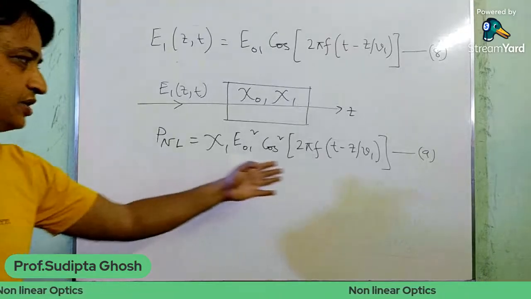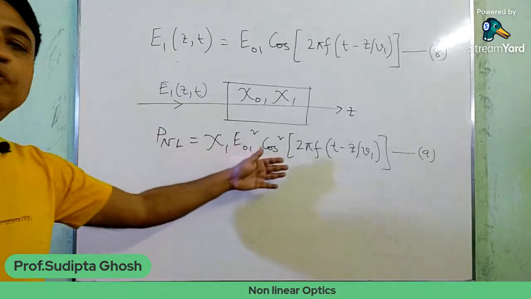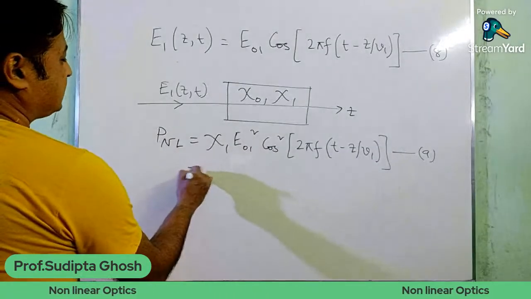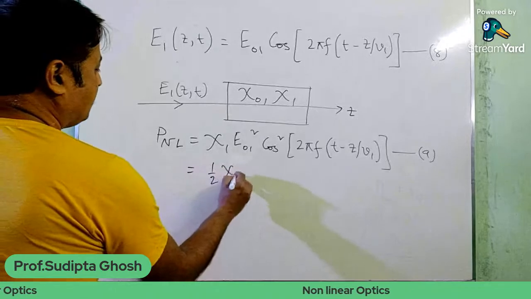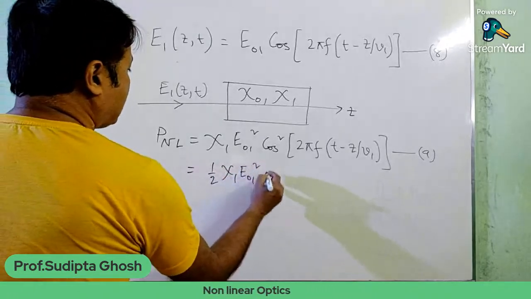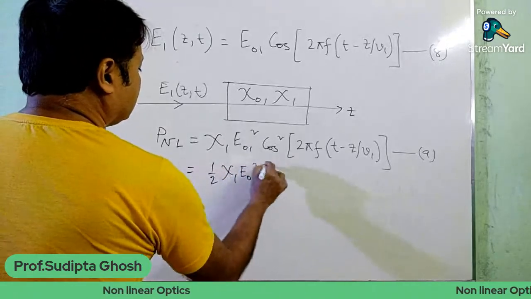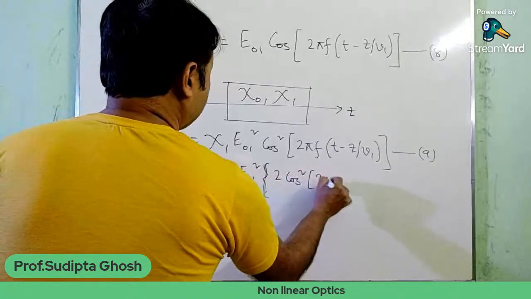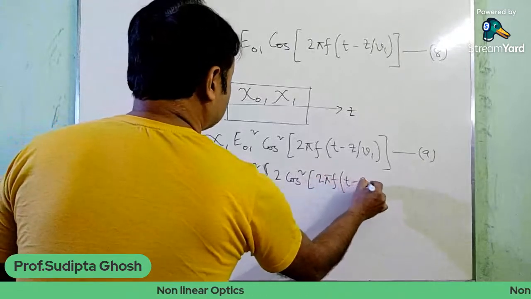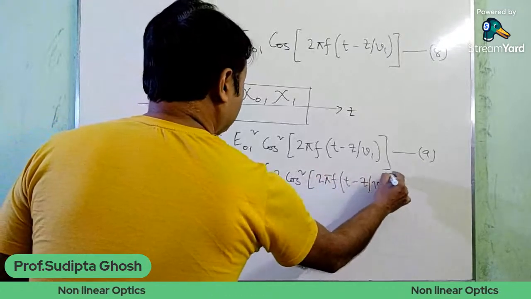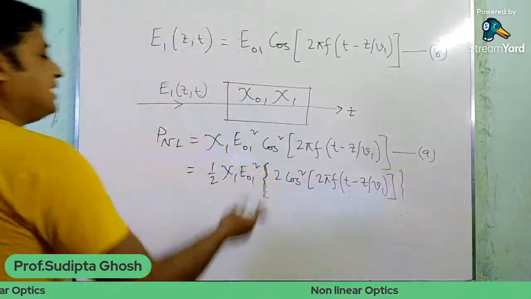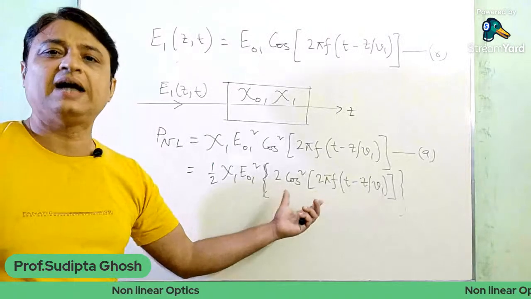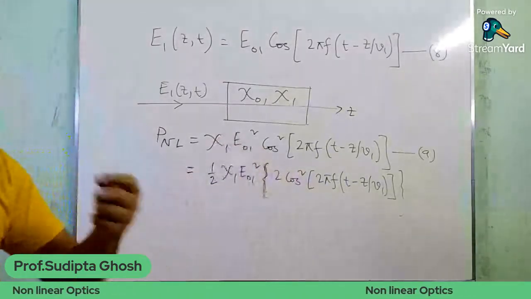Now let's proceed further. We can write this equation as half of chi1 E01 square and then twice cos square 2 pi f into t minus z by v1. I am going to expand this: 2 cos square theta is 1 plus cos 2 theta.